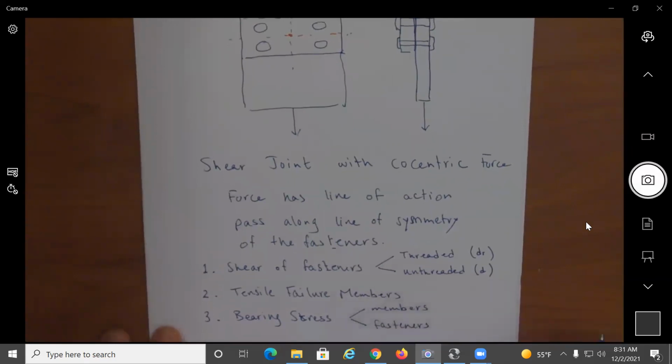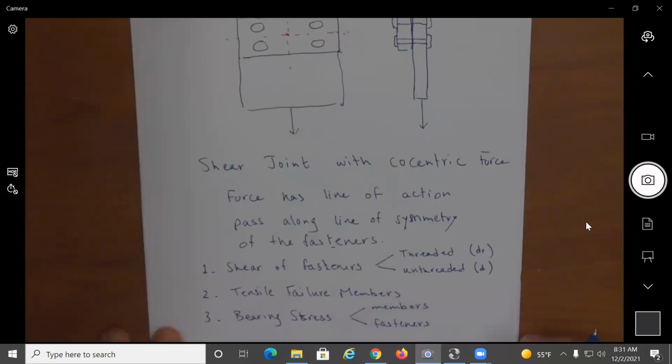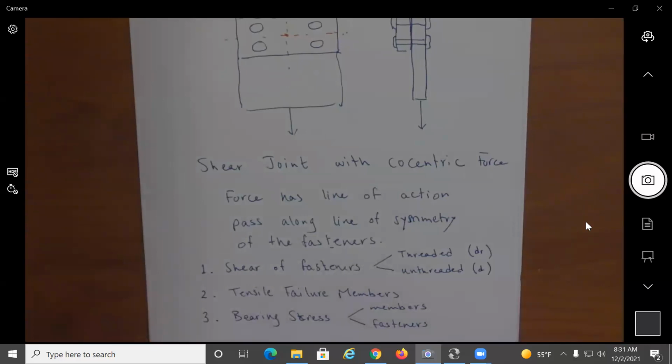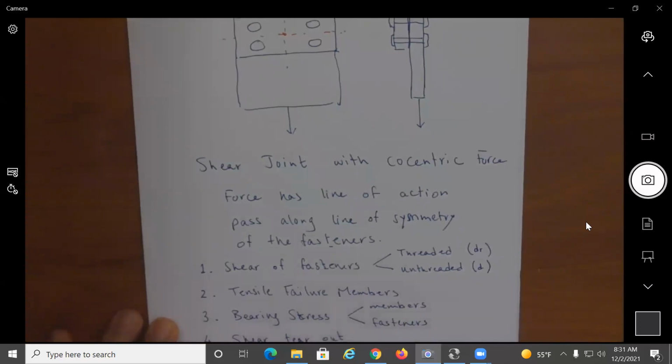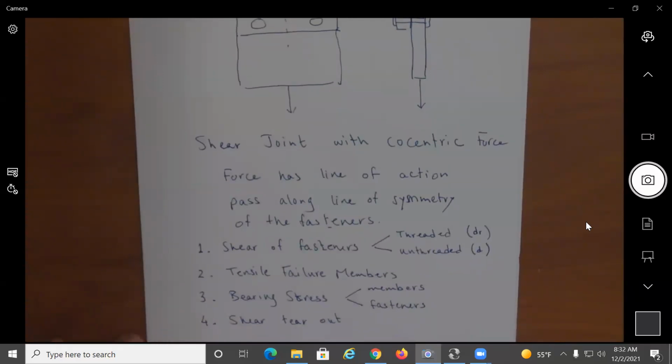Of course, if they're both made of the same material and have the same bearing strength, then they will be equally good because the bearing area is the same. One is pushing upon the other. And finally, we looked at the shear tear out. So this is briefly what we did last Tuesday.